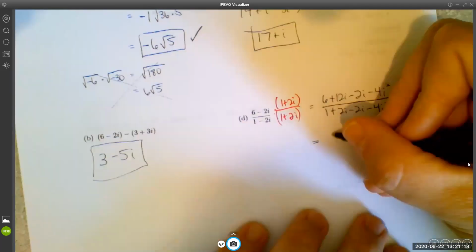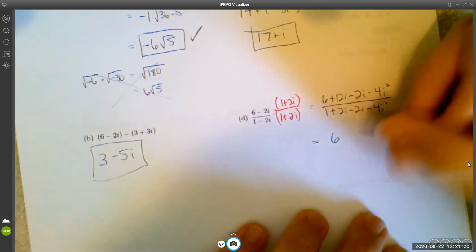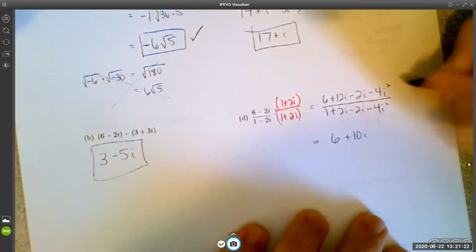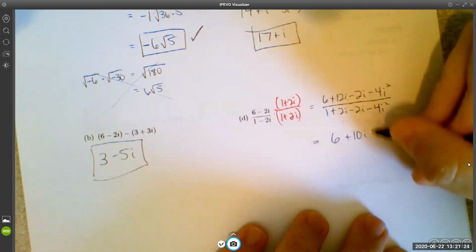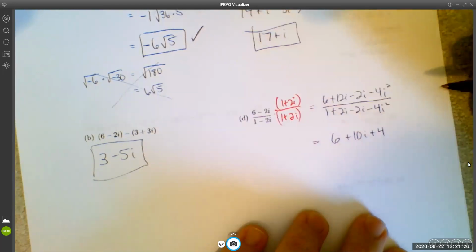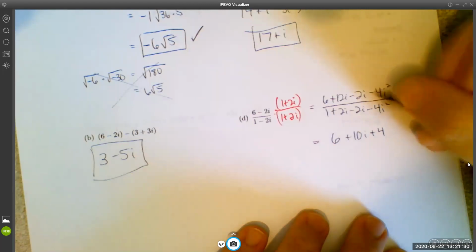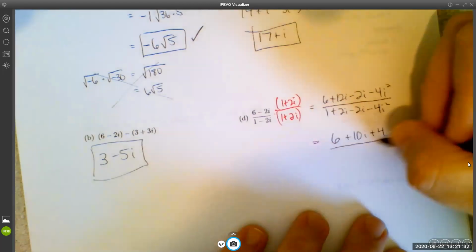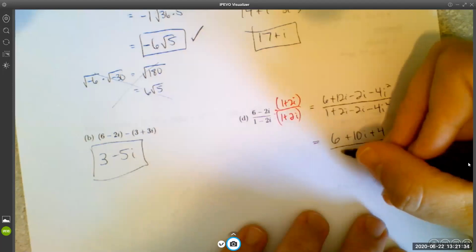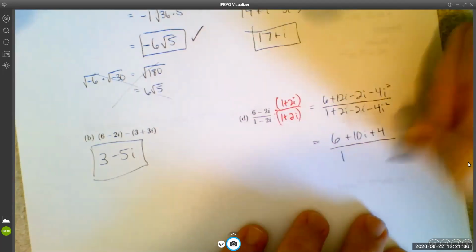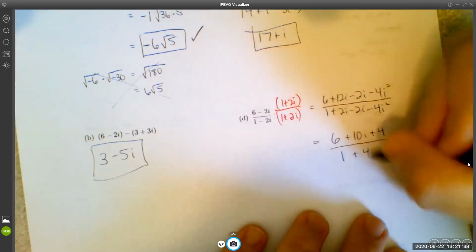So that's 6. 12i minus 2i is 10i. And then negative 4i squared is going to be a plus 4, right? Because i squared is just negative 1. So that negative and that negative will cancel and give us a positive. In the denominator, we're going to have 1, 2i minus 2i cancel, and then plus 4.